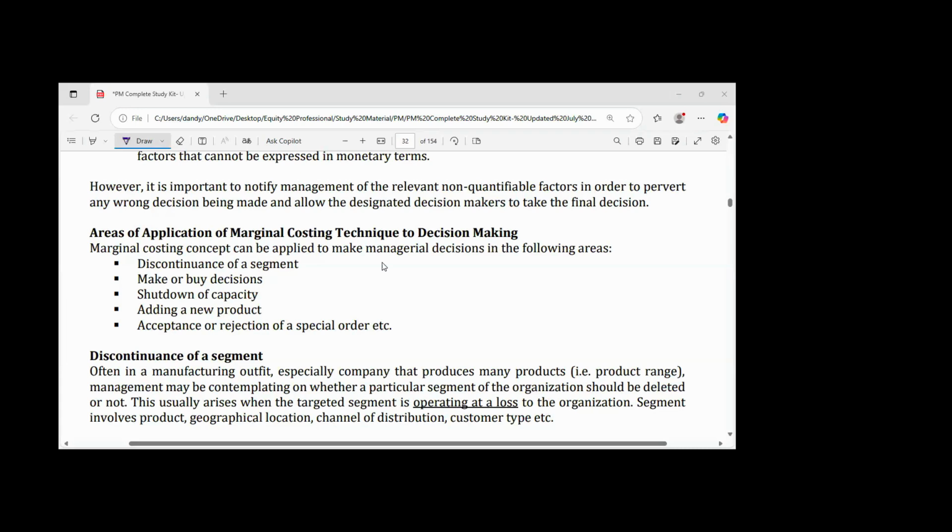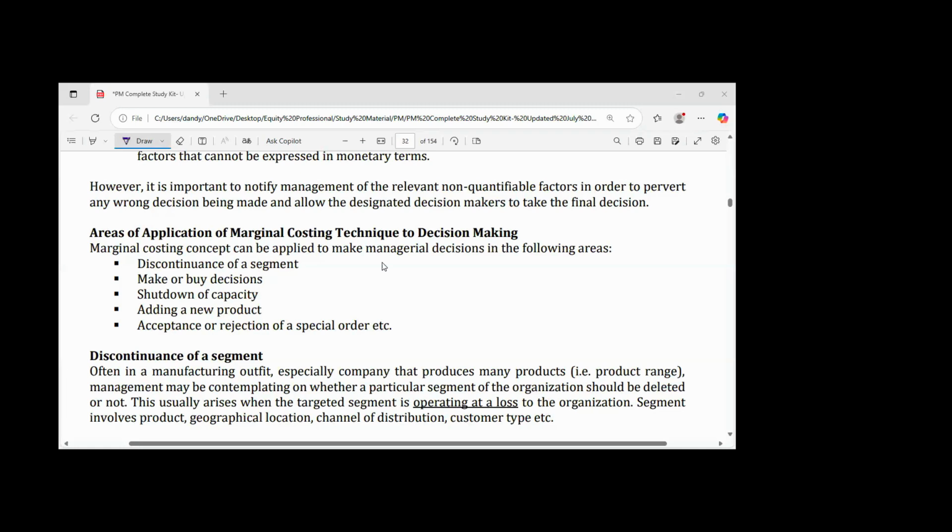Like for example, optimal product mix, linear programming, and CVP analysis are topics on their own. Mr. Ashwaju has already taught you pricing decision, which is part of decision making. All right then, let's pick it one by one.